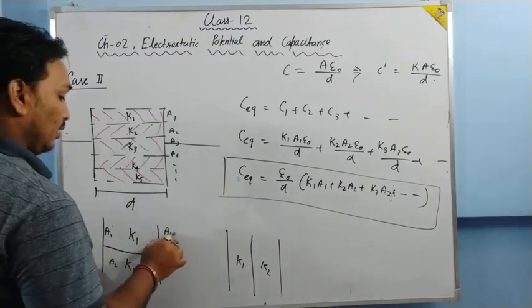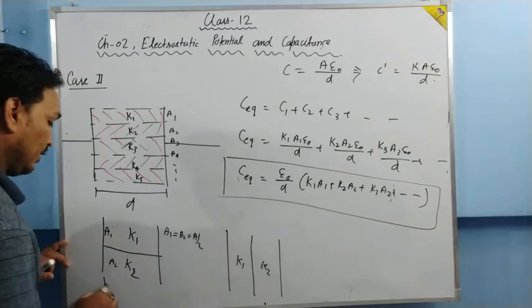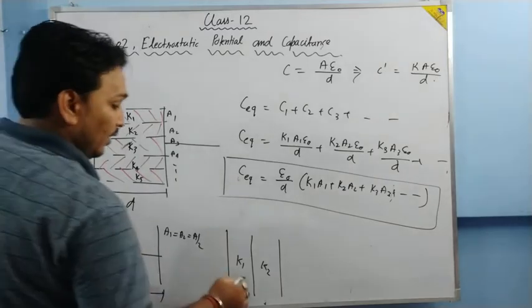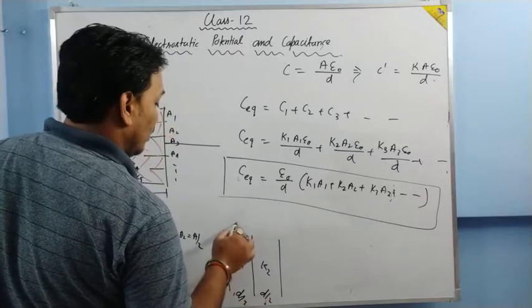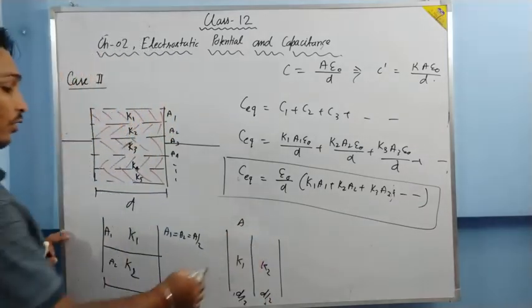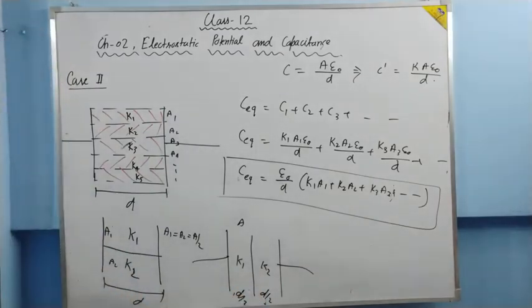Both are equal. Total area half. The thickness is D. Here it is D by 2. It is D by 2. Plate area is A. So you have been asked what is the ratio of capacitance of these two. Very popular question. In every book it is there. You must solve. Okay, for your board examination it is very important also.